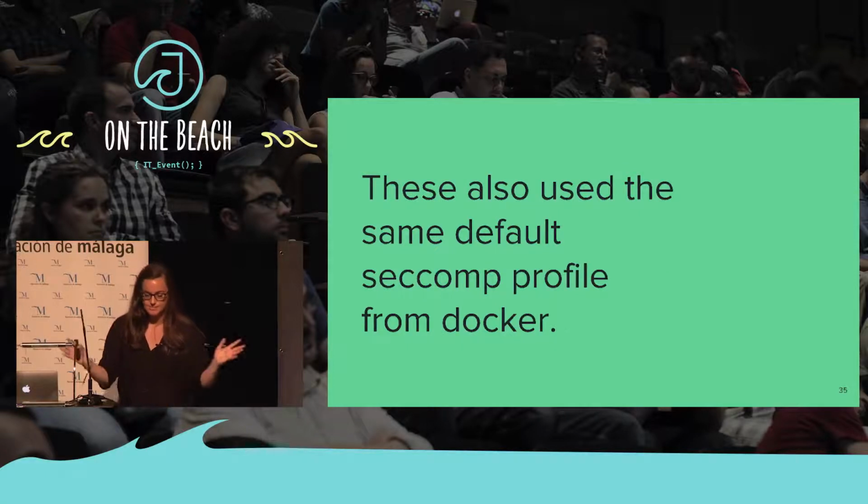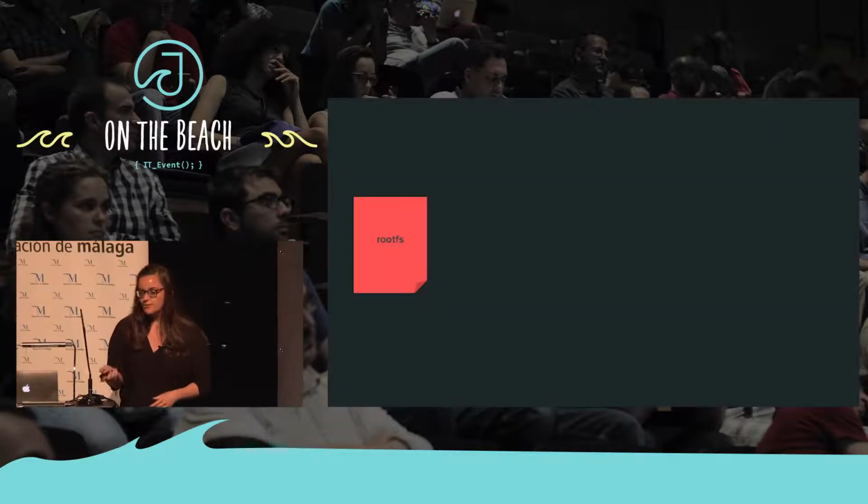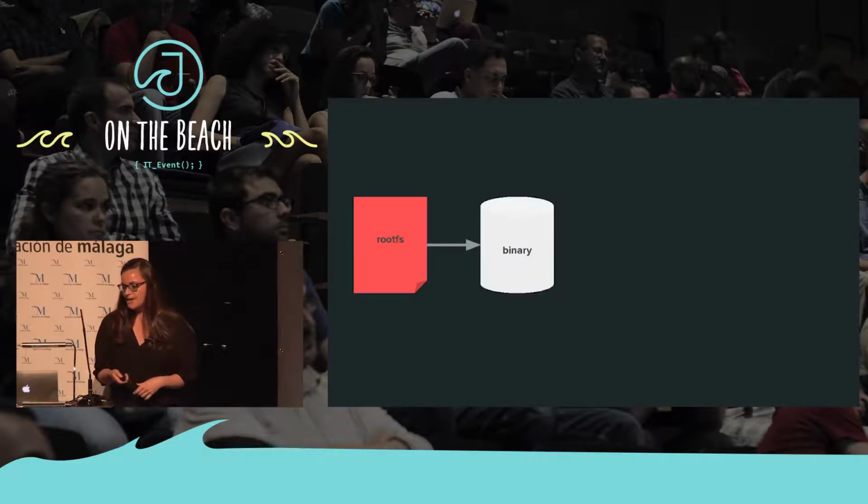So this by default would use the same Docker profile since I already spent so much time on that. Just to give an idea of how weird this is, you have the rootfs for your container, which is Debian or Alpine or whatever the hell you choose. And then you compile this into a binary where it's embedded in it.